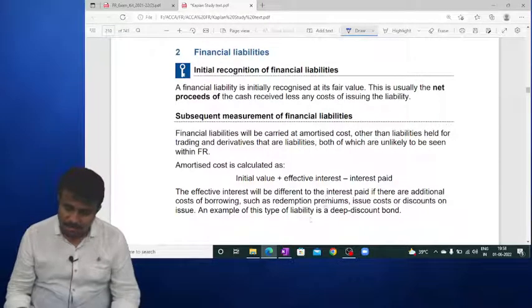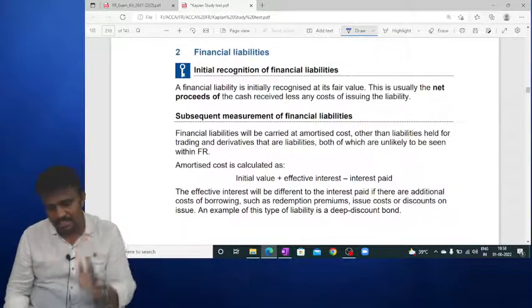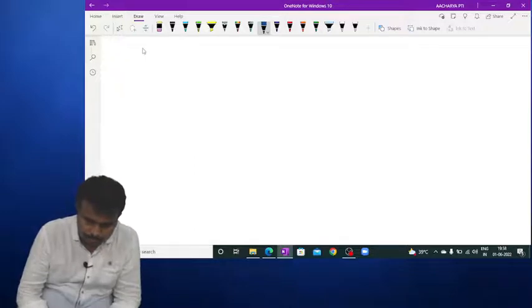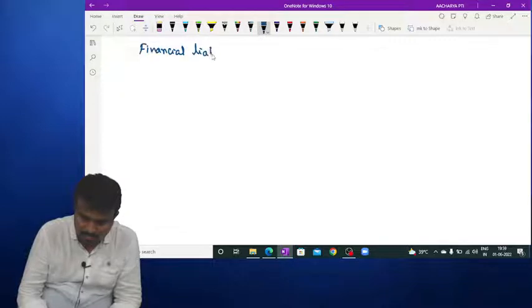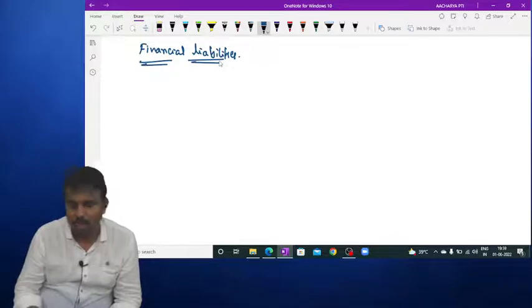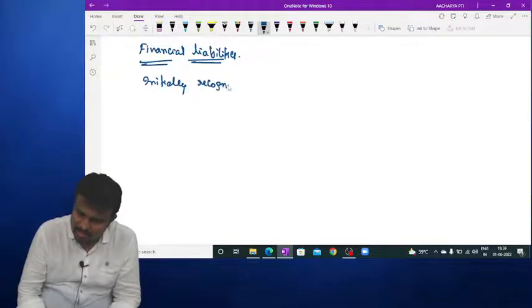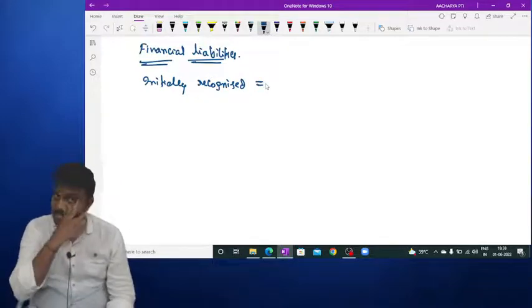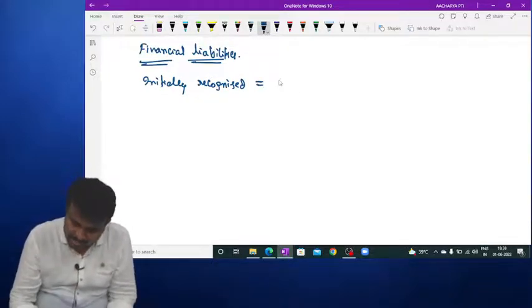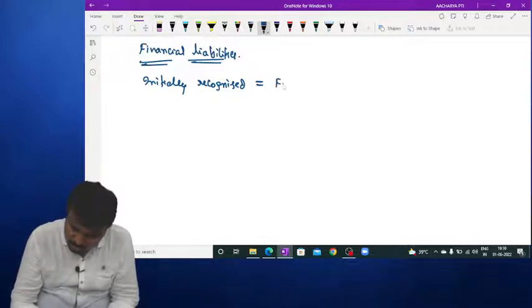Then, coming to the recognition of financial liabilities. Financial liabilities are initially recognized at fair value.